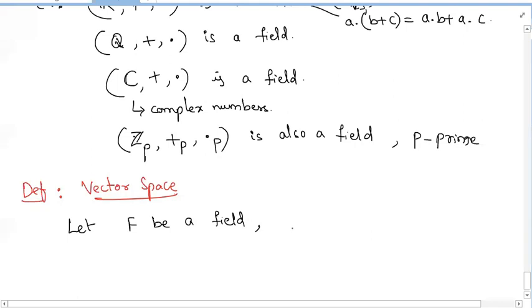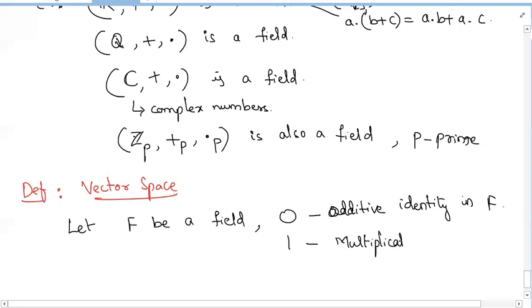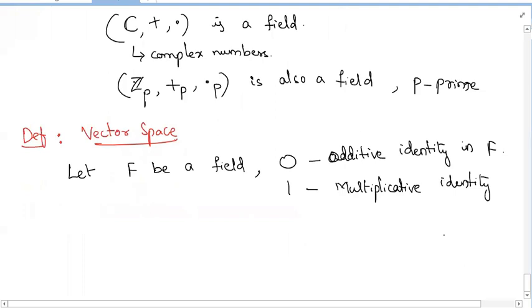Remember, zero is the zero element in F, the additive identity, and one is the multiplicative identity. A field has two operations, addition and multiplication. Zero is the identity with respect to addition, one is the identity with respect to multiplication. We will use these notations.